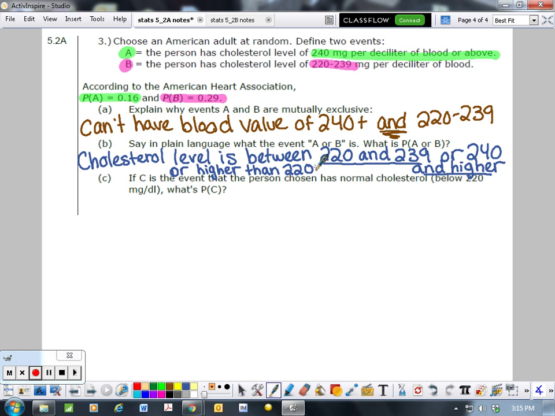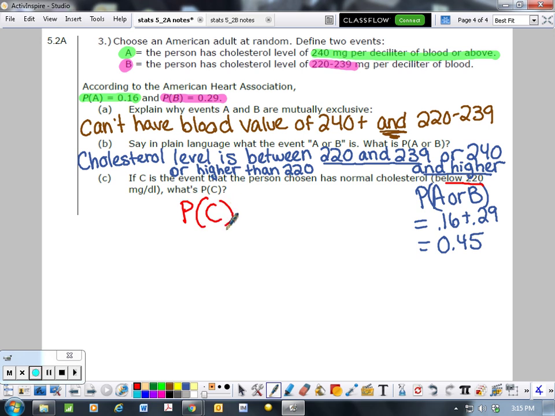Well, since they're mutually exclusive, this probability should be A plus B added up. So 0.16 plus 0.29, which is 0.45. Why doesn't this add up to 1? Well, because we also have other options, and those options are event C. So if C is an event that a chosen person has normal cholesterol, which is below 220, what is the probability of C?